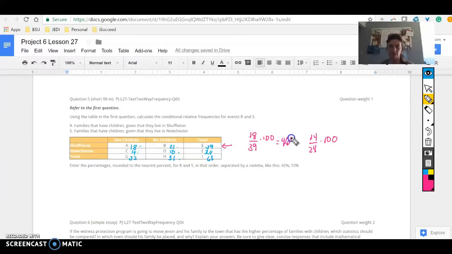So 46% in Shuffleton have children, and 58% of families in Newchester have children. So again, we'll type those answers in. 46% and 58%.